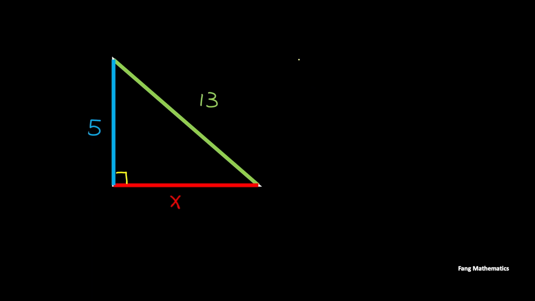Let's recall the formula: a squared plus b squared is equal to c squared. Let's identify our a, b, and c. For a, we do not know, so x. For b, we have 5. And for c, we have 13. You are required to substitute each into the equation.